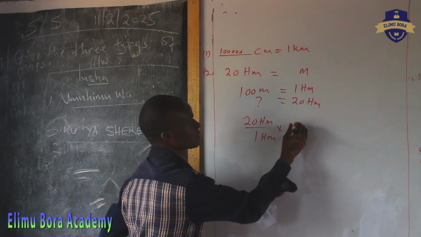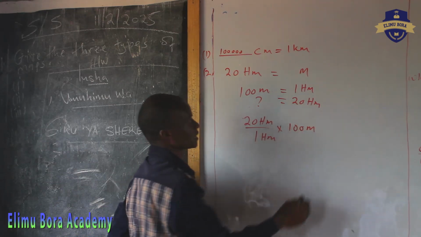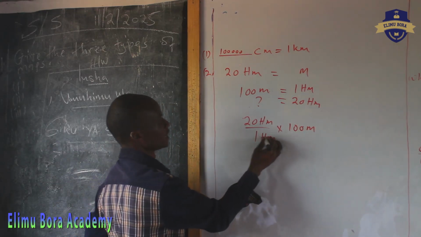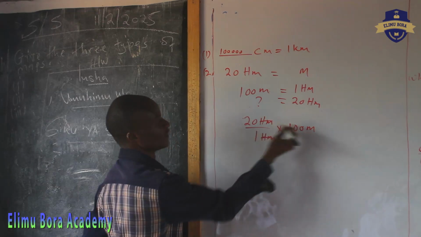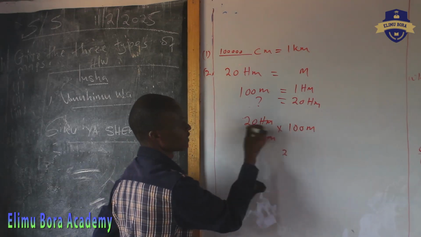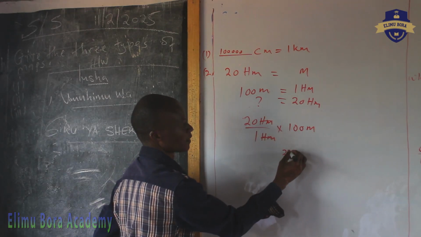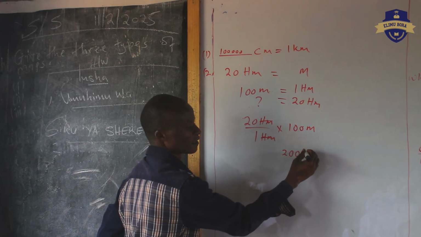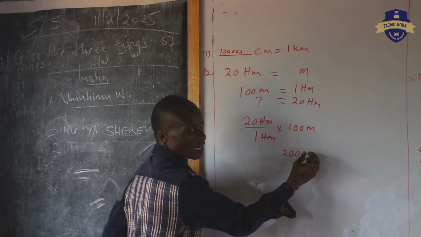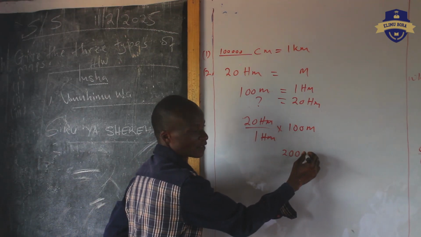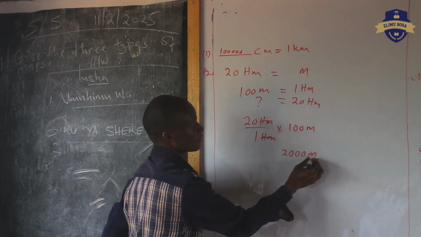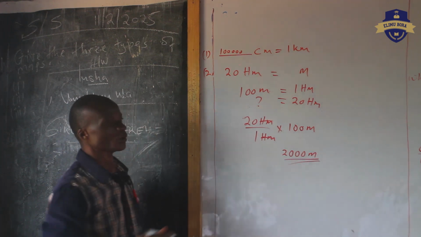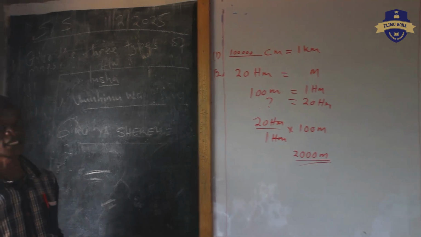Then times what? 100 meters. So this and this will go to give you 20 times 100. Najima? 20 times 100 to give you 2,000 meters, like that.